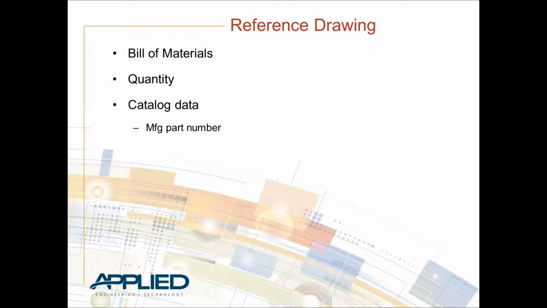So it's a very useful bit of information on the electrical side. Again, the catalog data can contain manufacturing part numbers, physical size, colors, and other various information. I'll flip back over to AutoCAD Electrical and show you some of the report options that we have.